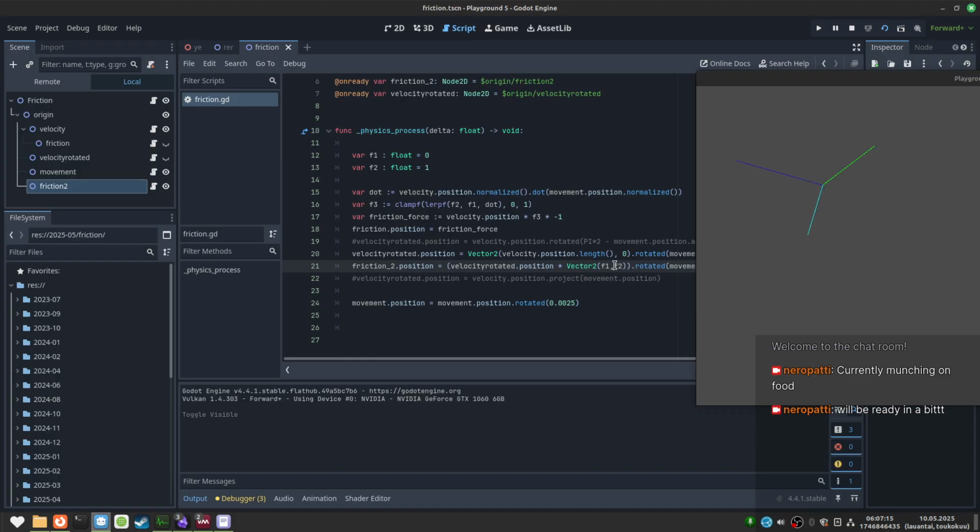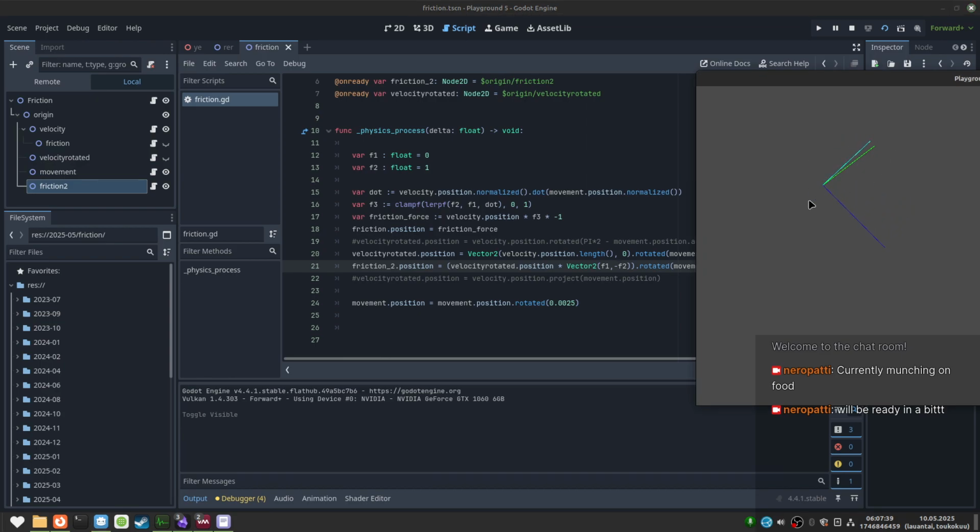Actually, might have to do that. Yeah. So I'm taking the component of the velocity that's pointing away from our movement vector, right? So it's perpendicular to it. And right now I'm multiplying it by 1 just to visualize it, right? And we can see that it does line up, right?